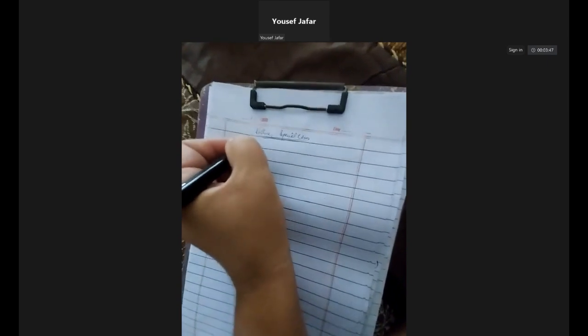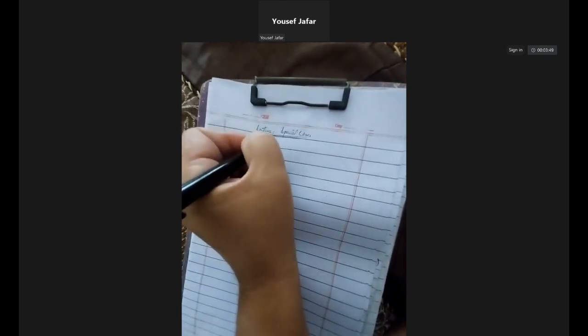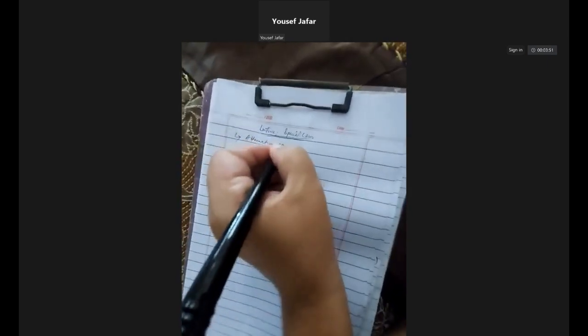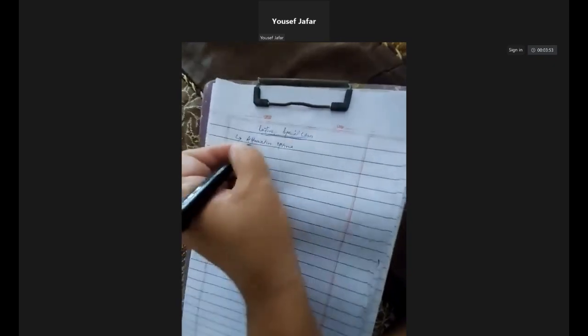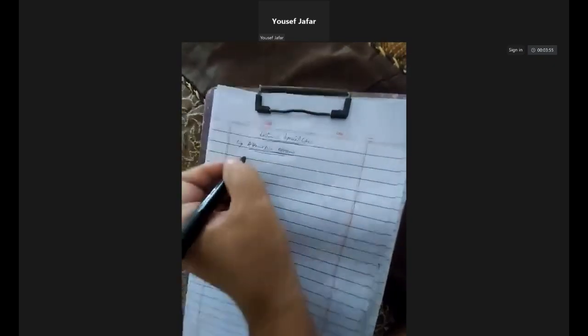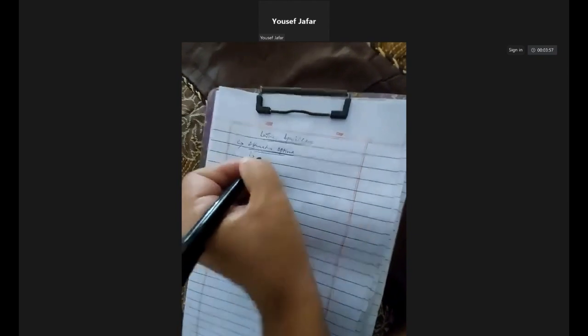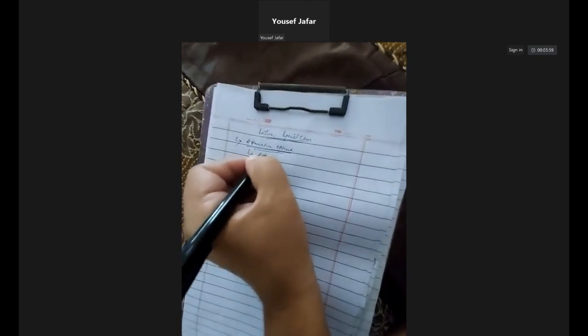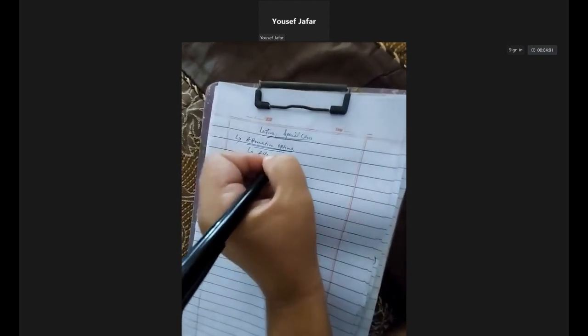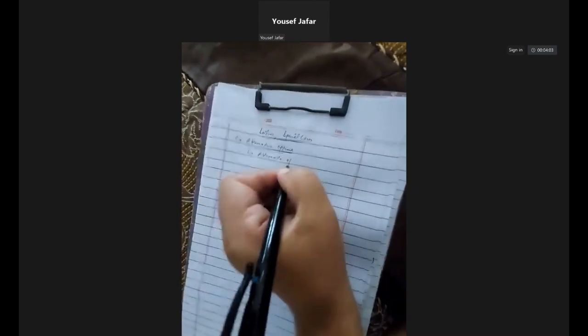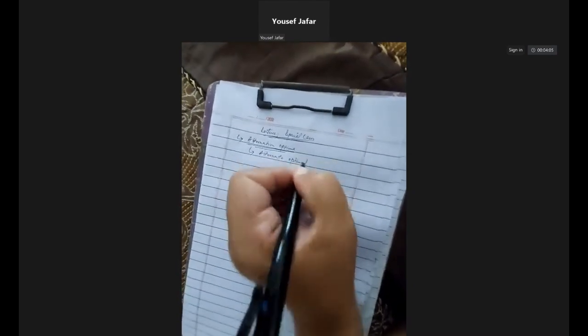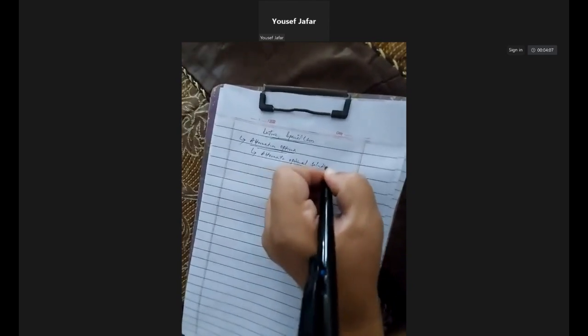Our first topic for today is the alternative optima. It is also called the alternate optimal solutions.